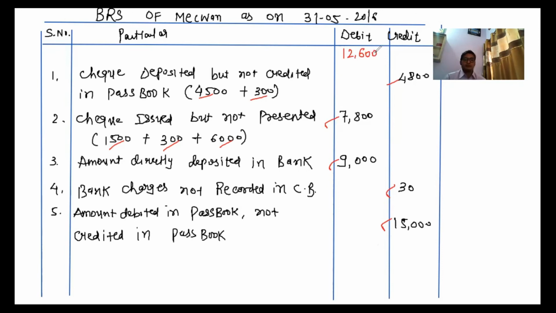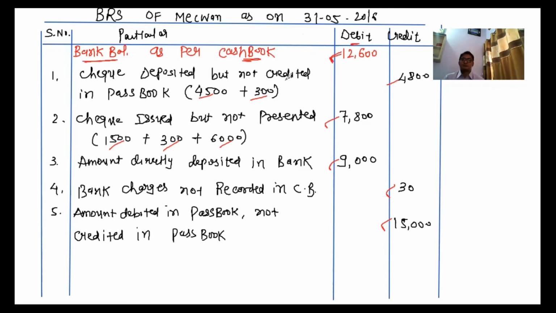As per the cash book, the debit balance is what we call the bank balance, that is 12,600.